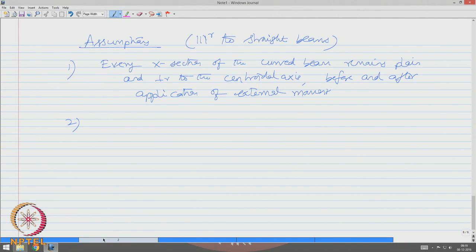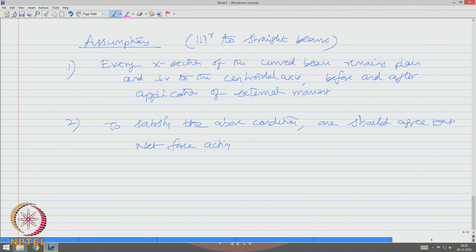The second assumption is very interesting. Now, to satisfy the above condition, we need to impose one condition that one should agree that net force acting on any cross section of the curved beam should be 0.